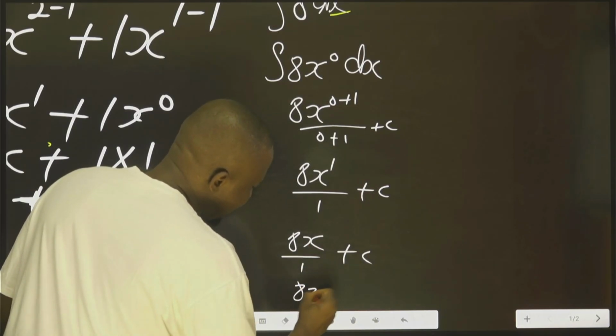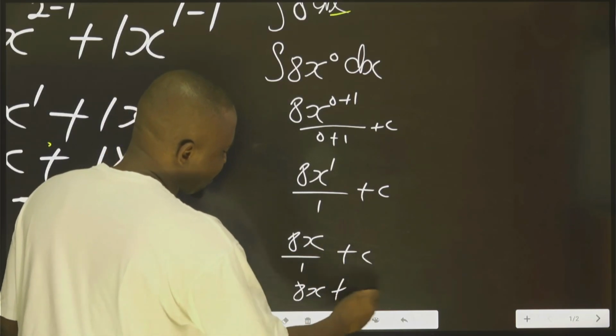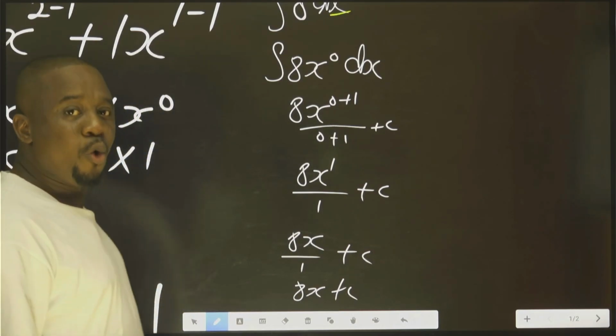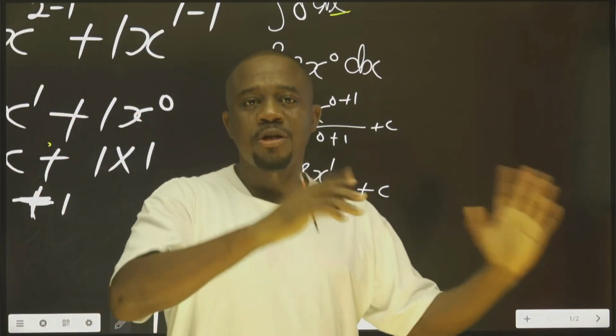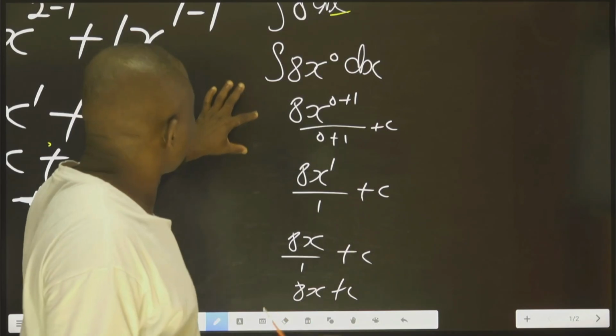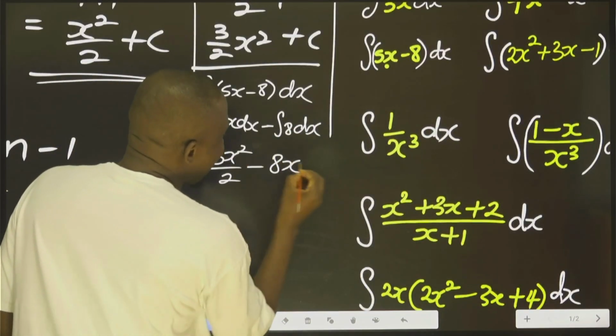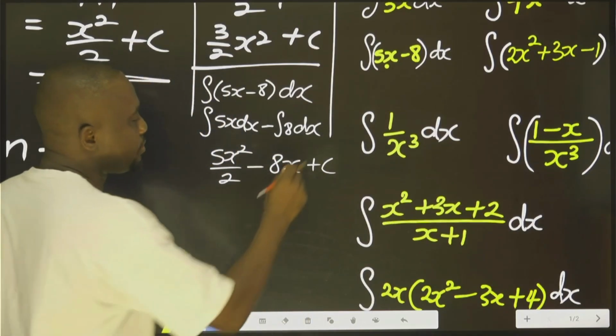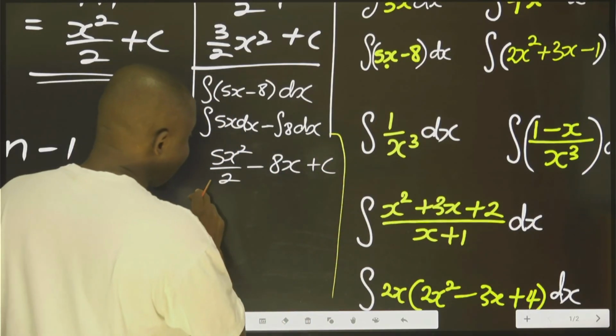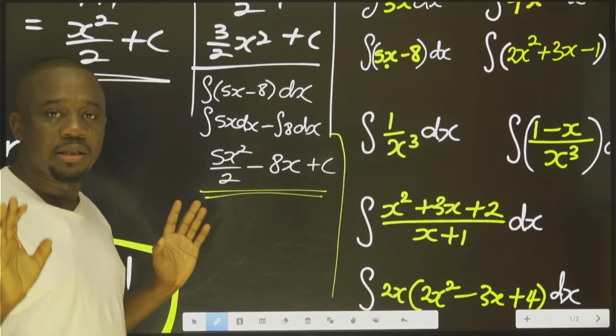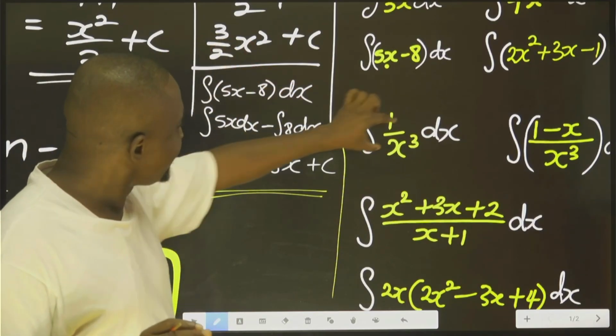You agree with me, this is 8x plus c. Okay? So whenever you see something without x, just put x. So for this we are working on before, we just put x, we now put plus c. This is the integral of this.